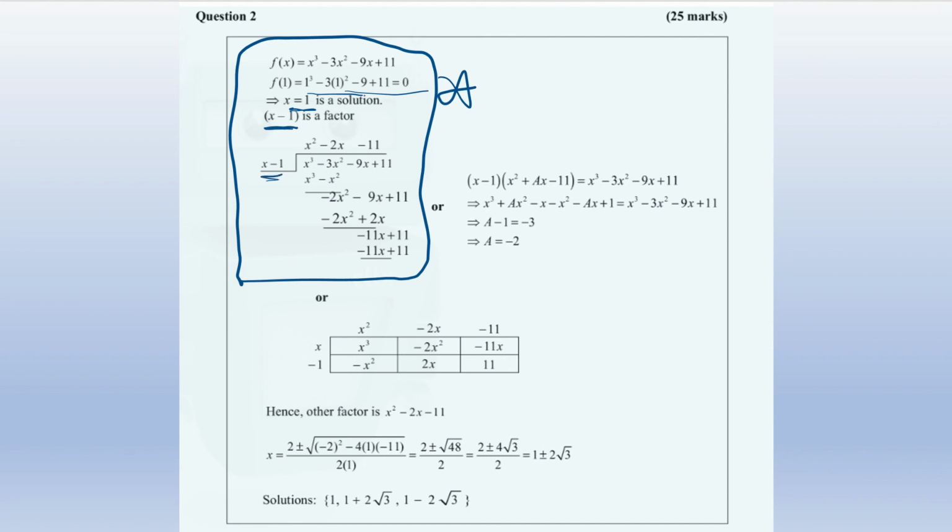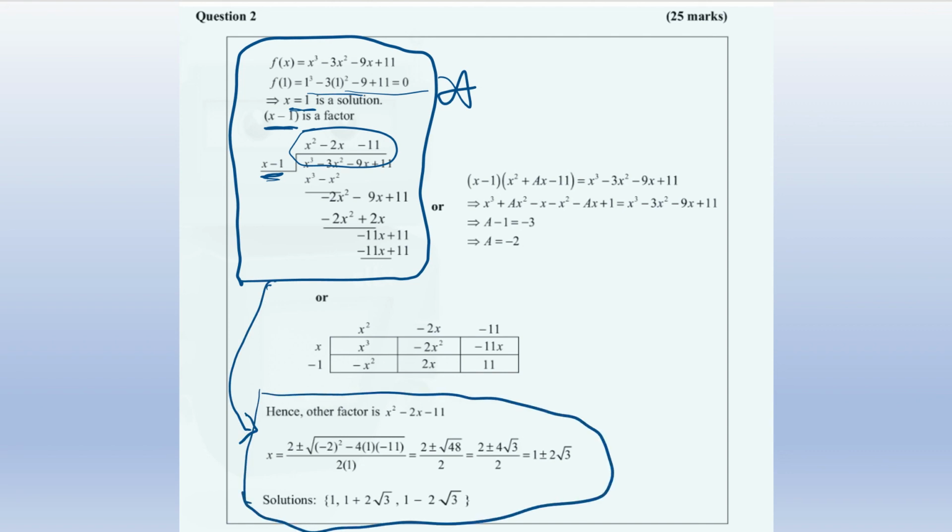We then divided x minus 1 into our original equation, and we got our other factor, the x squared minus 2x minus 11. And at the very end, we got our solutions to x squared minus 2x minus 11 using our minus b formula, and our answers at the very end are 1 plus 2 root 3 and 1 minus 2 root 3.